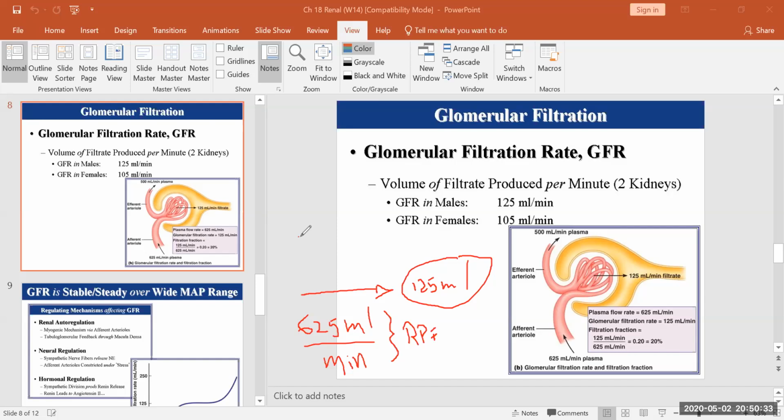That fraction is around 20%. Right? So 80% of the incoming blood plasma remains as is, has not been cleansed, has not been filtered of cellular waste, of debris, whatever you call it, that needs to be filtered. It remains inside your vascular bed.